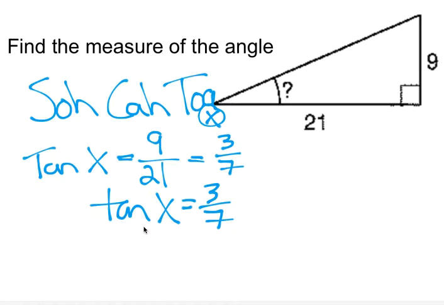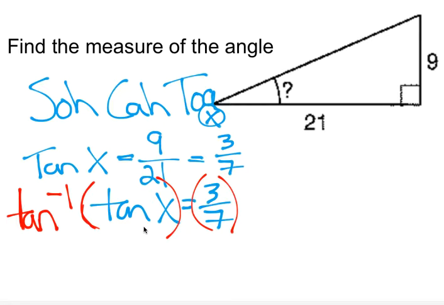So what we can do to both sides, and this is where the algebra part comes in, to get rid of the tangent would be to take the inverse of both sides. So we're going to do inverse tangent of both sides.